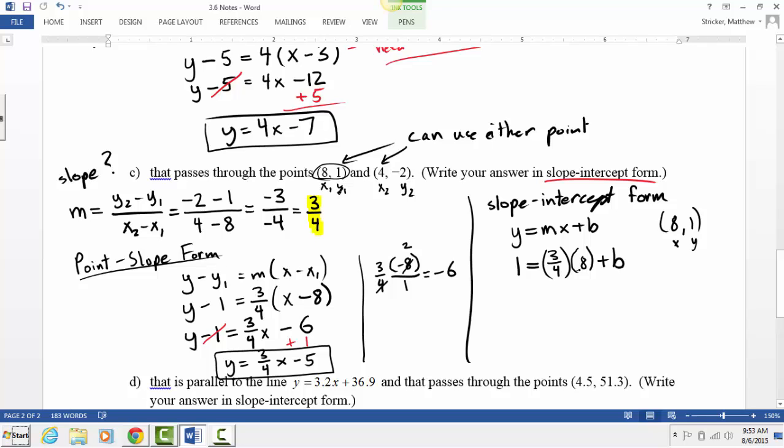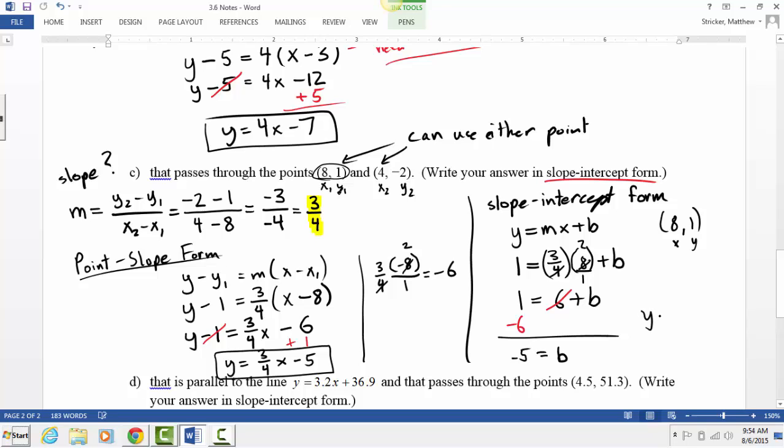Remember, we already did this calculation. We think of this as 8/1. 4 goes into that twice. So this is 1 equals 2 times 3 is 6 plus b. And if I move that 6 to the other side, it becomes a negative 6. And that tells us that b is equal to negative 5.